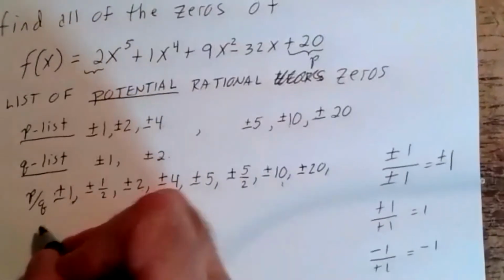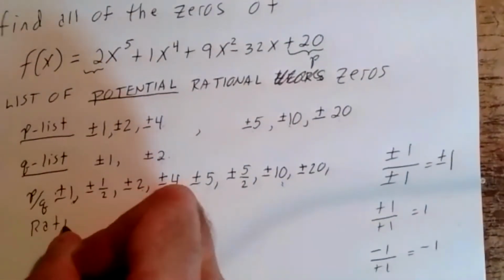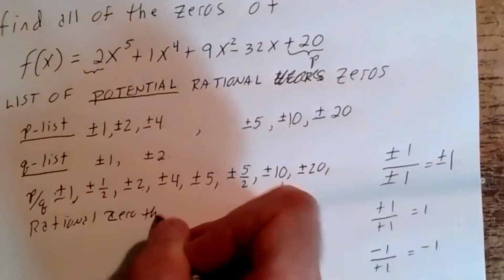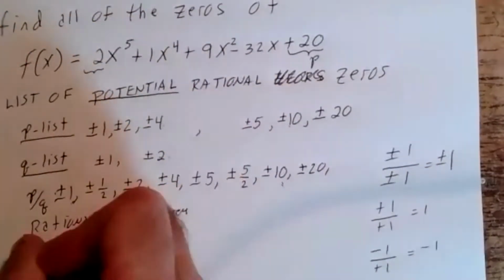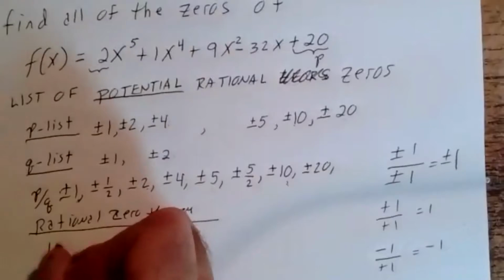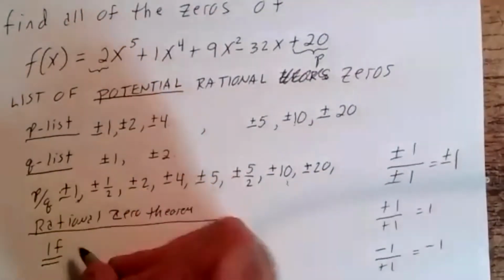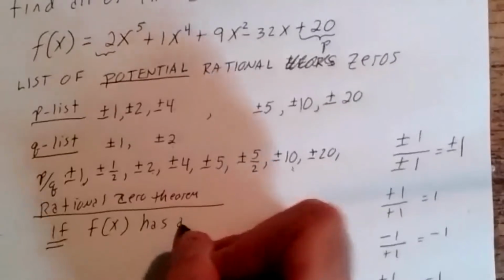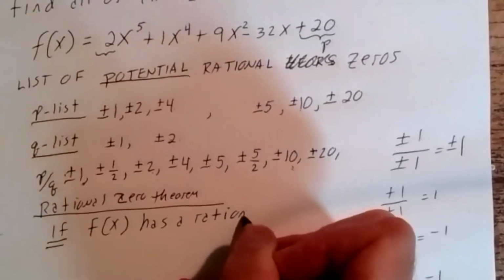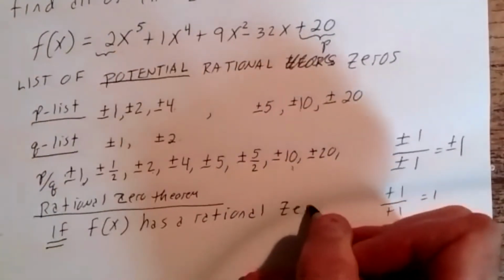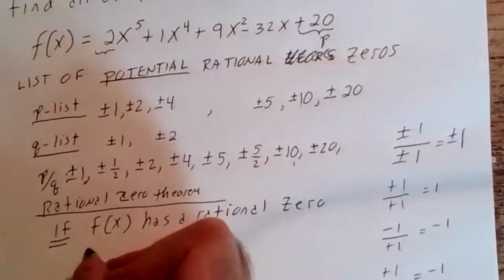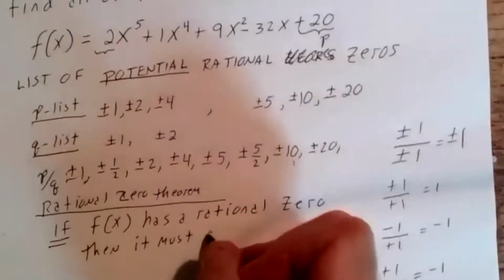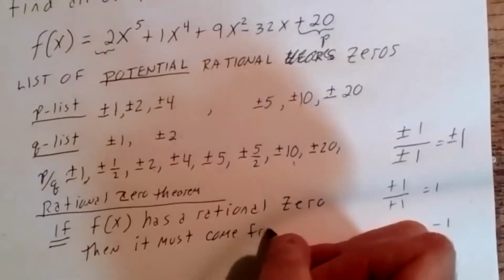Ladies and gentlemen, the rational zero theorem, what does it say? It says if, that's a big if, f of x, our fifth degree polynomial function, has a rational zero, it may not, but if it does, then it must come from what list?